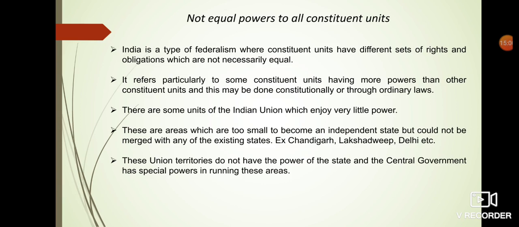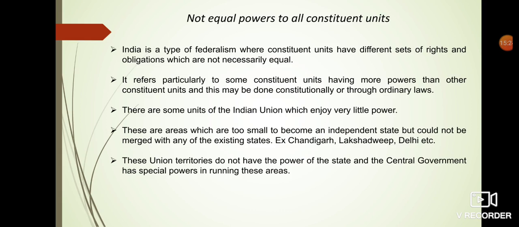On the other hand, there are some units of the Indian Union which enjoy very little power, and these are the areas which are too small to become an independent state but could not be merged with any of the existing states. Examples are Chandigarh, Lakshadweep, Delhi.